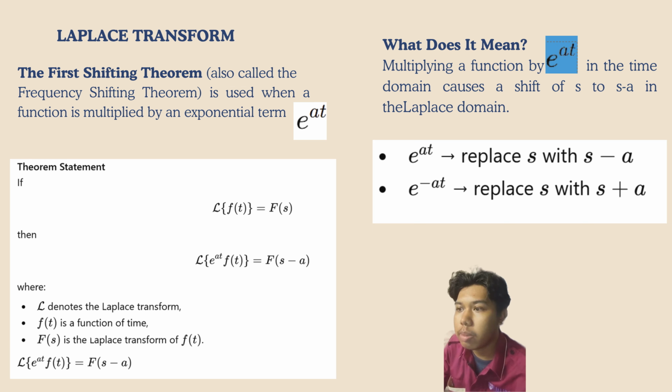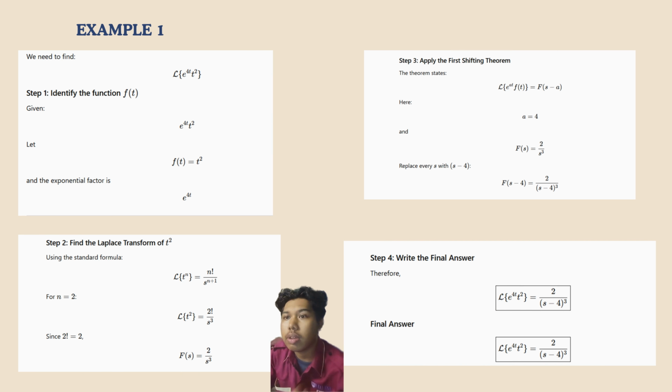e to the power at replaces s with s negative a, and e to the power negative at replaces s with s positive a. So this is an example, where we need to find the Laplace of e to the power 4t times t squared. Step 1, identify the function given, let f(t), and the exponential factor.